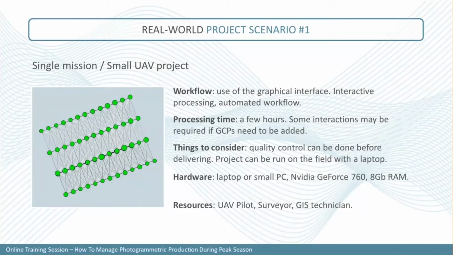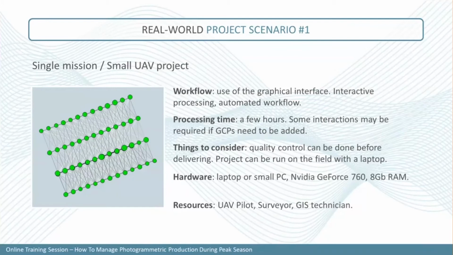Also, those types of projects can be run with a small laptop. You don't necessarily need a good graphics card for such a small project. A GeForce 760 or GTX 750 would probably be good for such a project. You also don't need a lot of RAM.